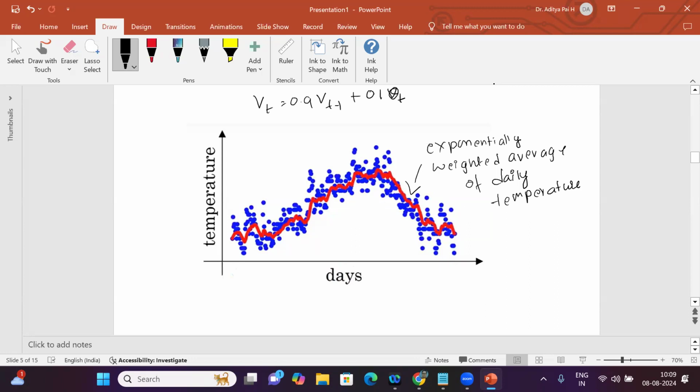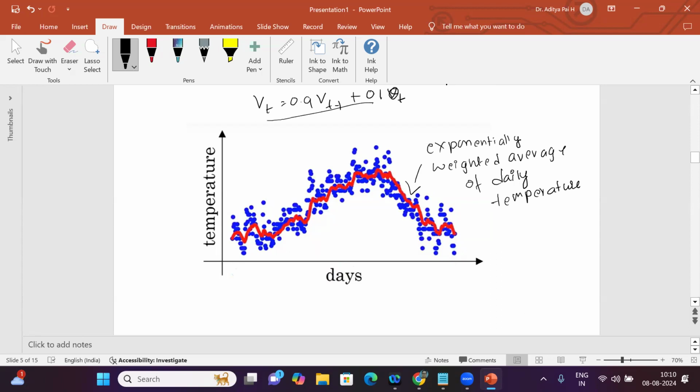So the weighted average is actually moving exponentially on a daily basis, that is, on different temperatures. From this, you can see what I have seen before, 0.9 vt minus 1 plus 0.1 theta t.